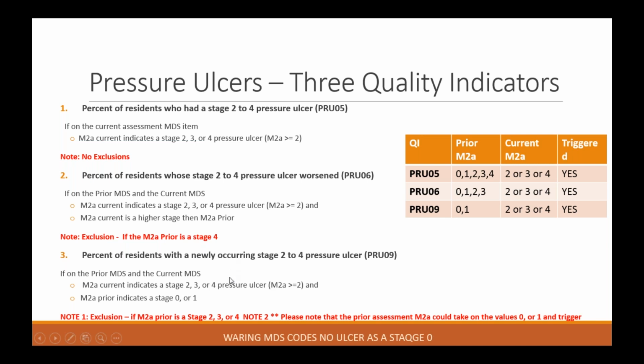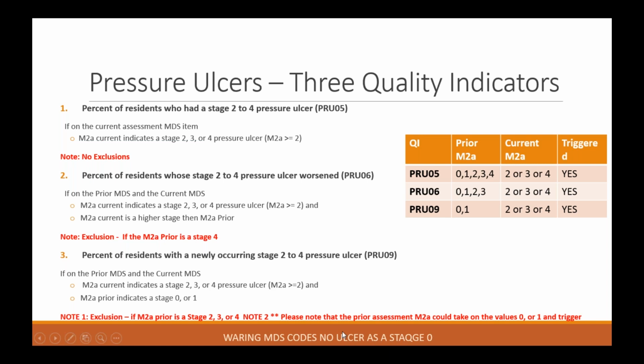The last indicator is residents with a new ulcer. And here we're looking at the prior MDS and the current MDS. The current MDS has a stage 2, 3, or 4 pressure ulcer, right? And then on the prior, you were 0 or you were 1. So remember what I've said here, warning: MDS codes no ulcer as a stage 0 ulcer.